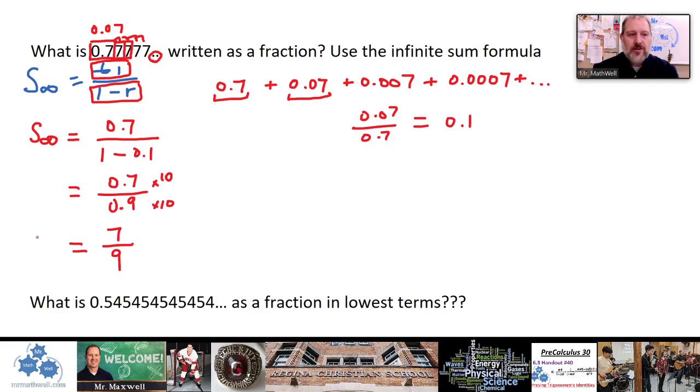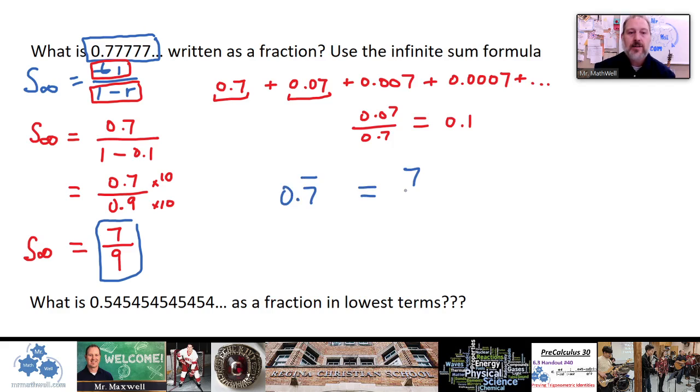Now, what this is saying is that our repeated decimal that we started with, if you consider this decimal as a sum, the sum will equal 7 over 9. And that, my friends, is how you get the equivalent fraction for a repeated decimal. There's your equivalent fraction, 7 over 9. So 0.7 repeating equals 7 over 9.